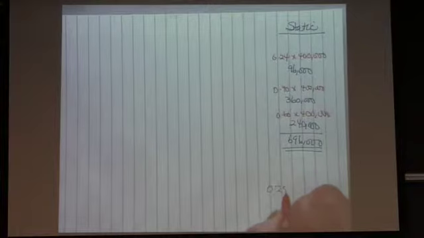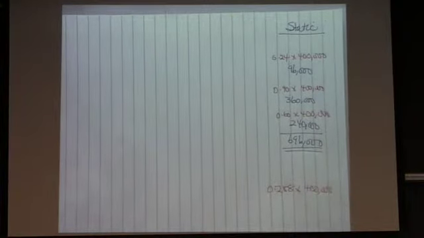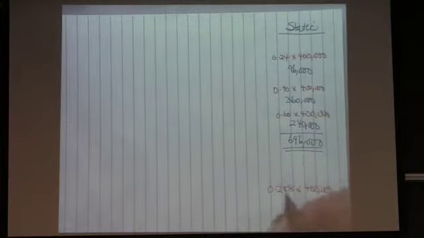Now, I want to do the same thing for labor. Labor, it says, I need 1 minute for mixing times 17.28 per hour. That gives me 0.288 times 400,000 to give me 115,200.